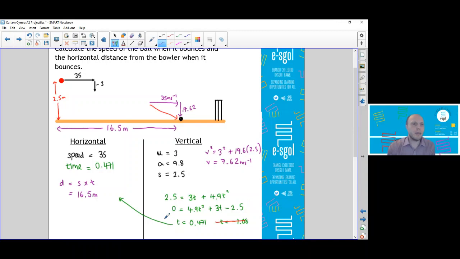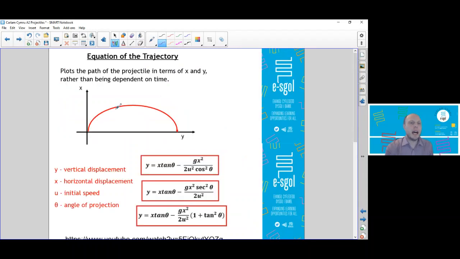Okay, now I want to have a look at something called the equation of the trajectory. Now, a trajectory is the path that an object takes, okay, and it's like plotting it on a set of x and y axes, just like plotting any other quadratic really, because that's all it is, a negative quadratic. Now, why would we bother doing that?